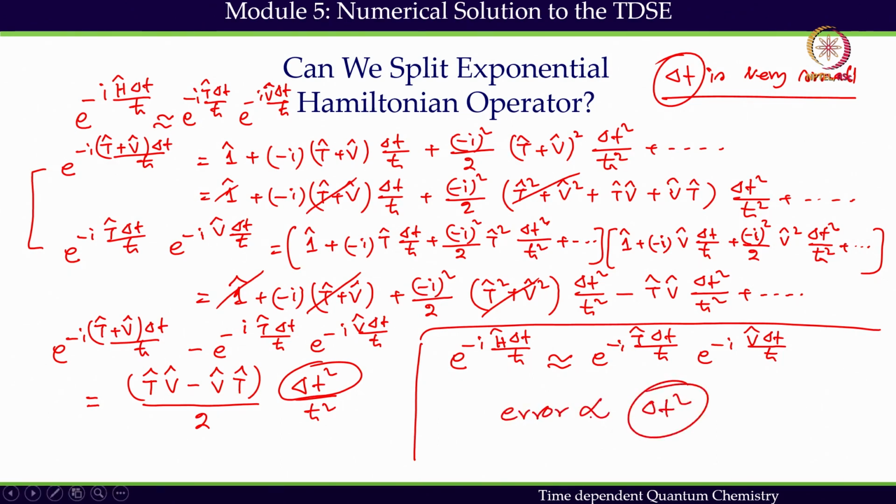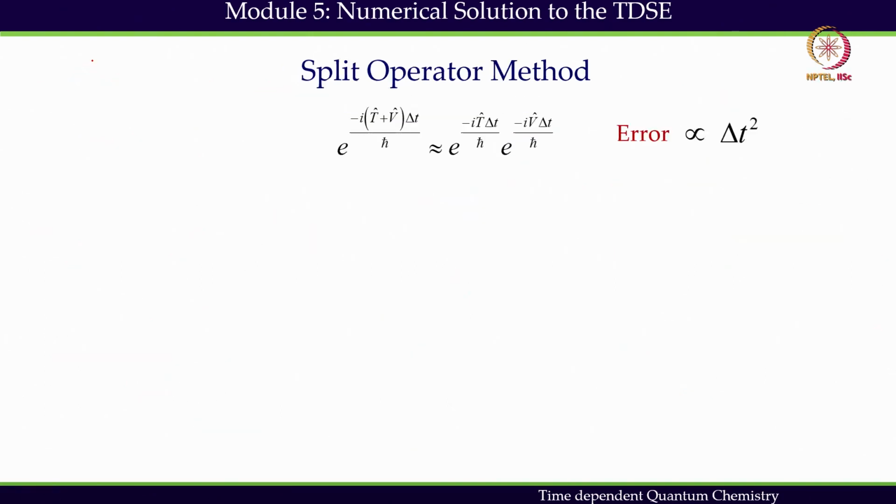So, as long as delta t is very small, we will be able to neglect this error, and we can write down the split operator part.